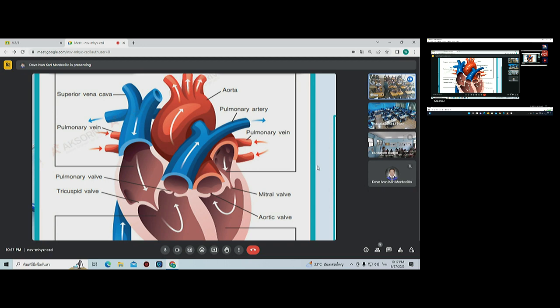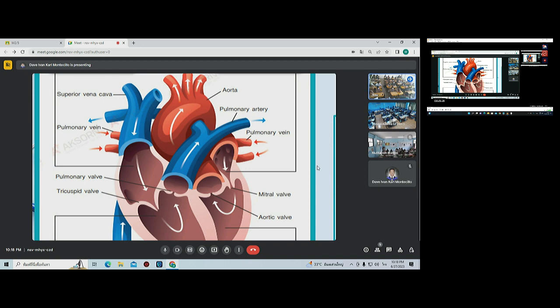Deoxygenated blood enters the superior vena cava, and going down to the right atrium. Very good. Pump down to the right ventricle, and pump out to the pulmonary artery.